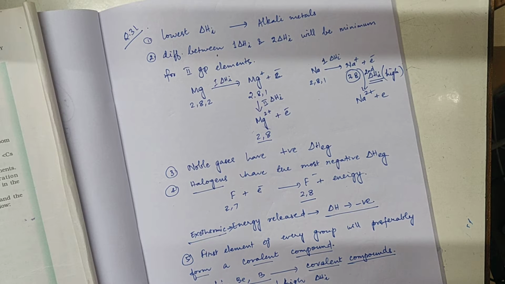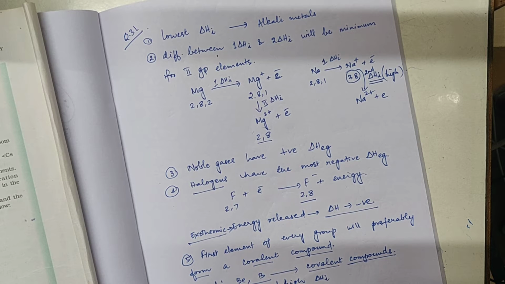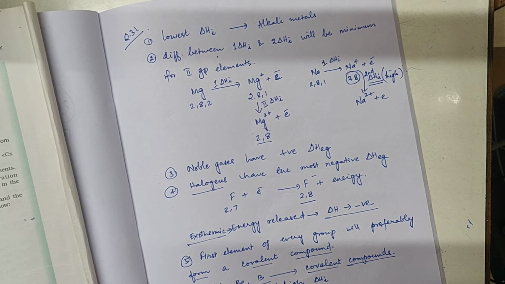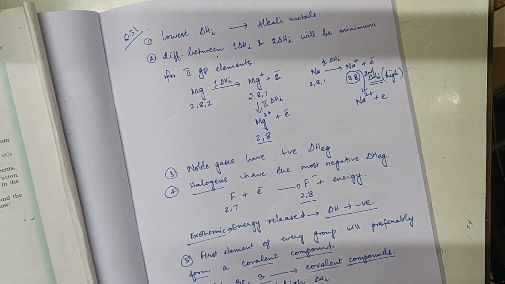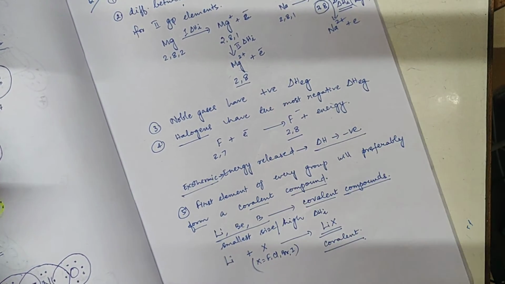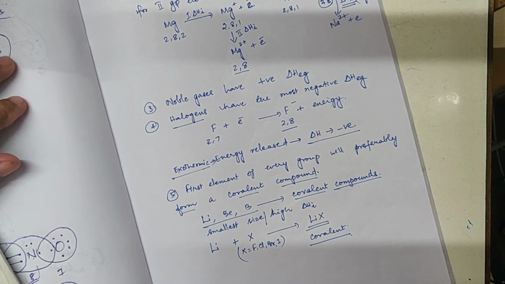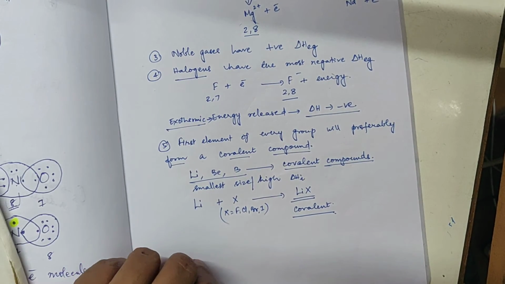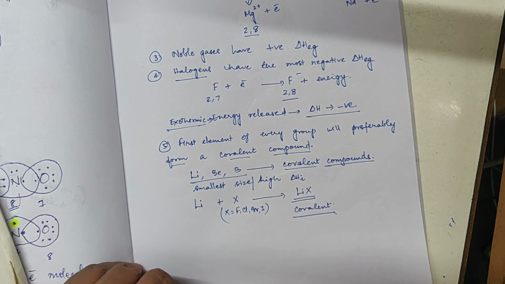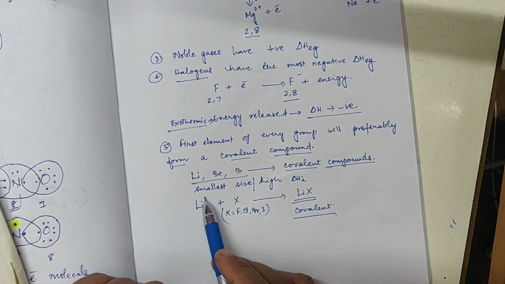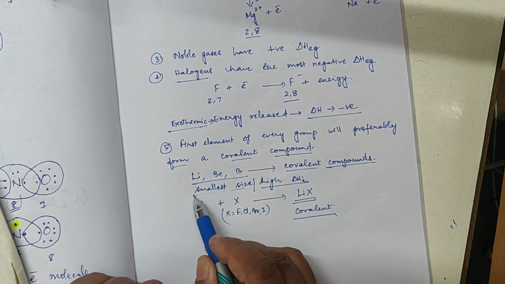So this LiX will be preferably covalent in nature. So these are the 4 points that you need to understand before you go to this particular question. Now this question says, first element of every group will preferably form a covalent compound because of small size and high ionization enthalpy.